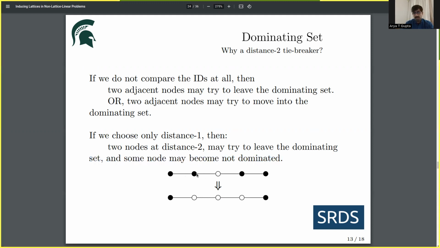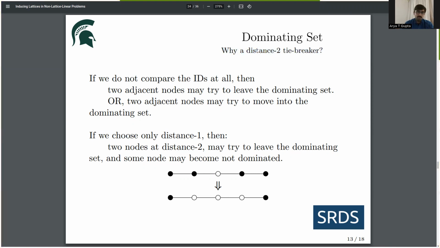We see an example here, a path of 5 nodes, where nodes 1, 2, 4, and 5 are in the dominating set, node 3 is out, and nodes 2 and 4 decide that they are removable, so they can move out, which makes node 3, which was dominated earlier, no longer dominated. So we have a problem with distance 1 as well. And that's why we used distance 2.